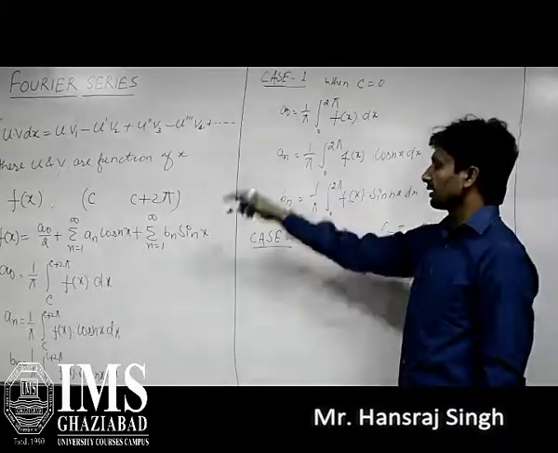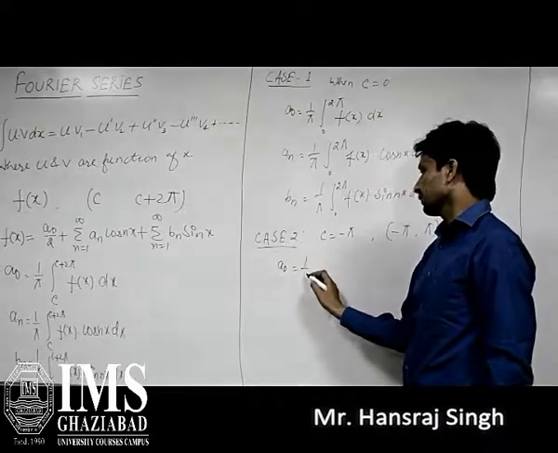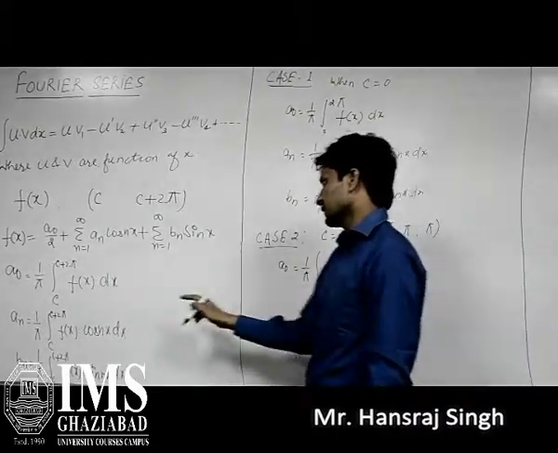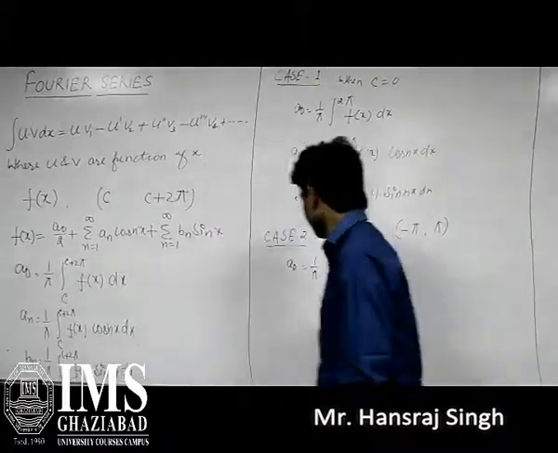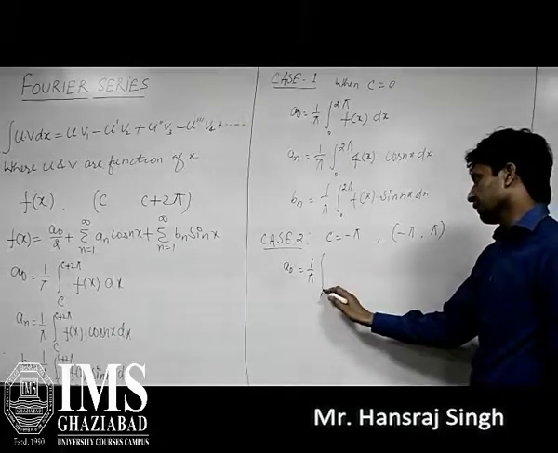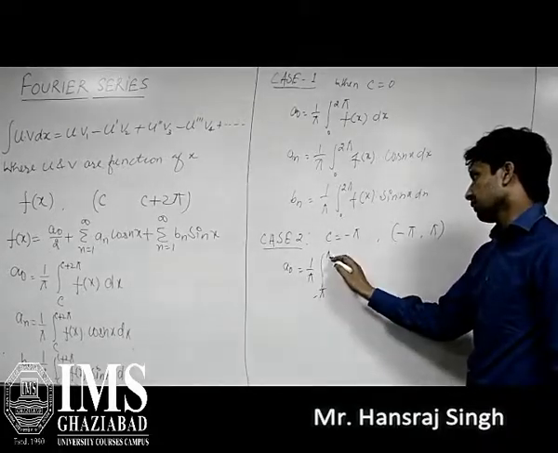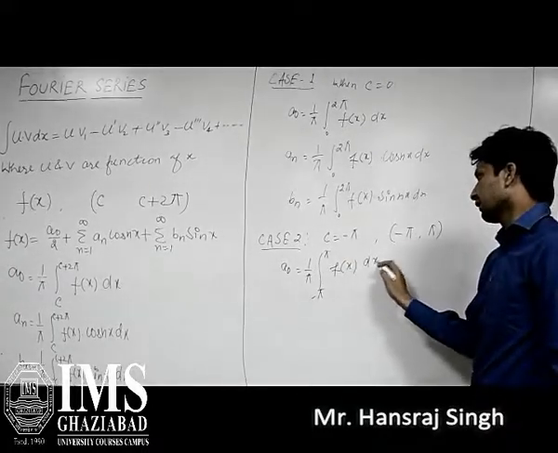In this case, all the Euler constants convert into simply a naught is equals to 1 upon pi, where the given range of interval is minus pi to plus pi, and the function as it is, f(x) dx.